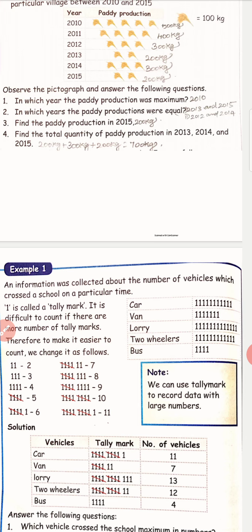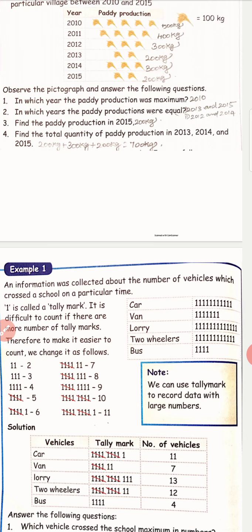So 2 years have equal paddy production. What are the years? 2015 and 2013 have the same production. First 2013 and 2015. Next, 2012 and 2014 have the same production.